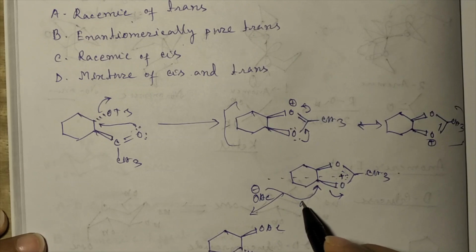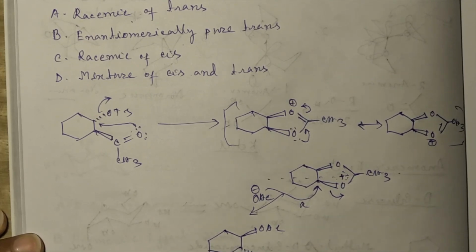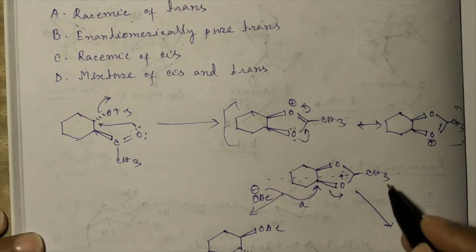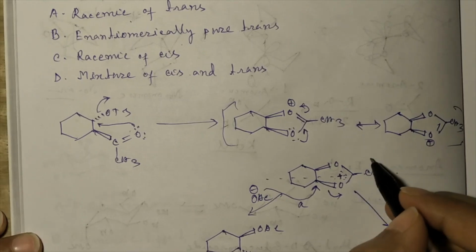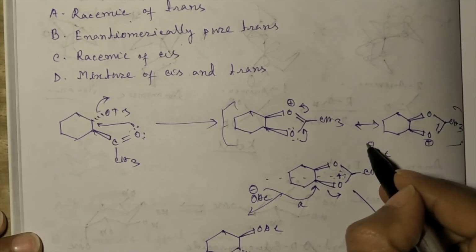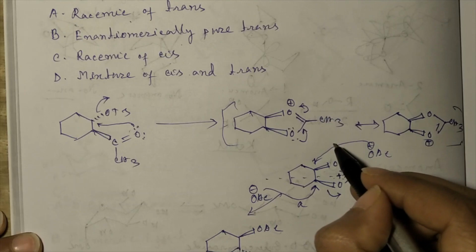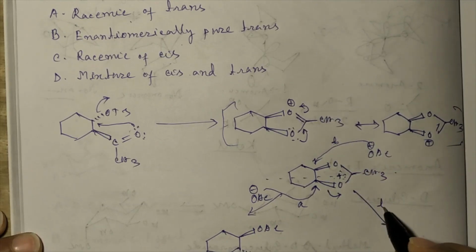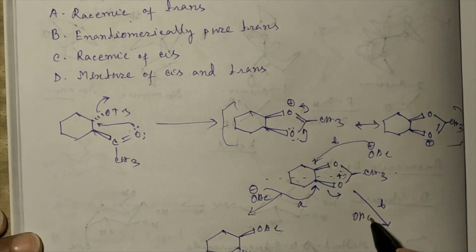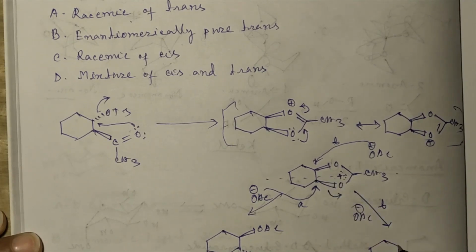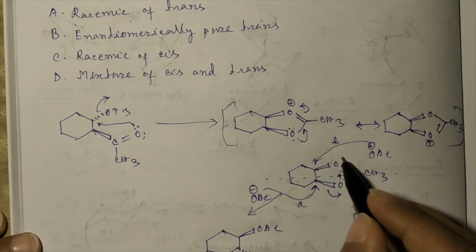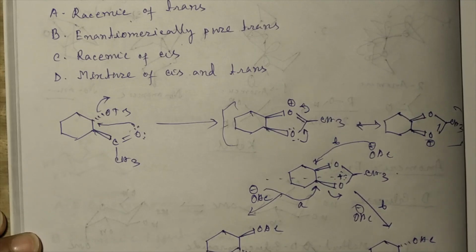Let's say this is A attack, so the product will be A. Another attack is also possible at this side. Let's say this is B attack. From B attack we will get the product with OAc from below and the ring will open up in this fashion, so here OAc is above.